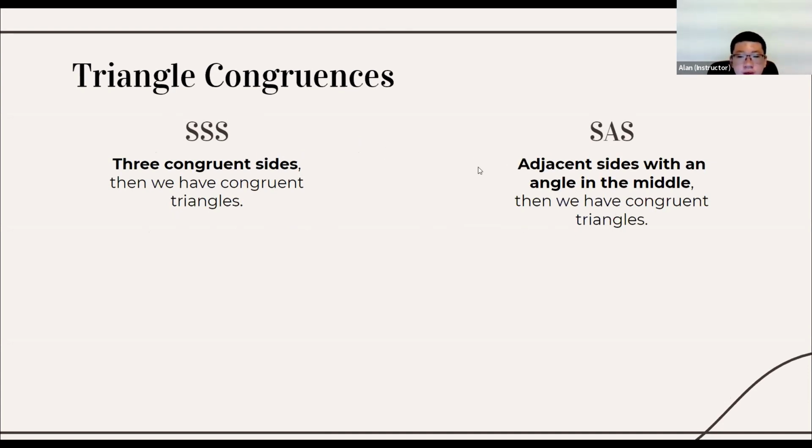For example, if both triangles have a side of 2, an angle of 30 degrees in between, and a side of 4, then you should know that they're going to be congruent triangles.